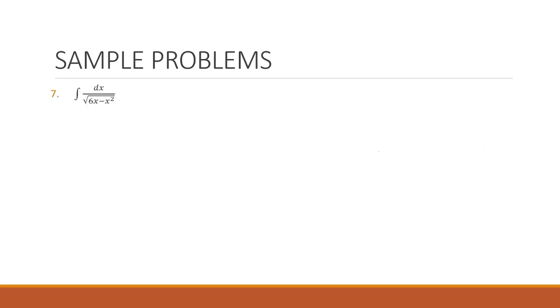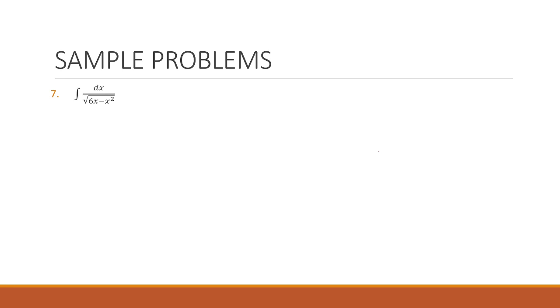Next, we have here dx divided by square root of 6x minus x squared. Okay, so this involves a radical. It's either arc sine or arcsecant. However, this is now a different form of the quadratic expression, no? Kasi instead of constant term and variable term na naka-square ang present, okay?